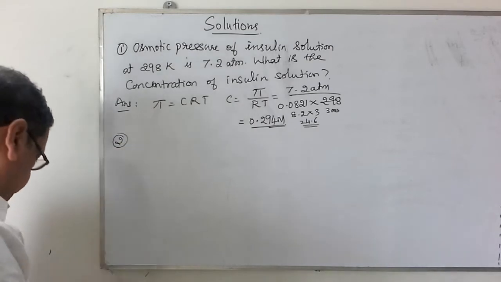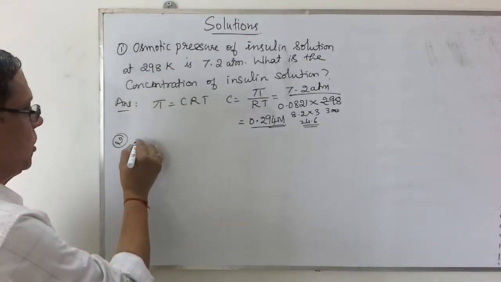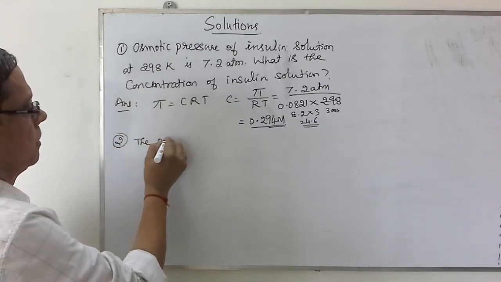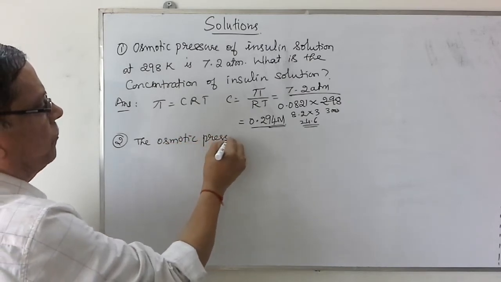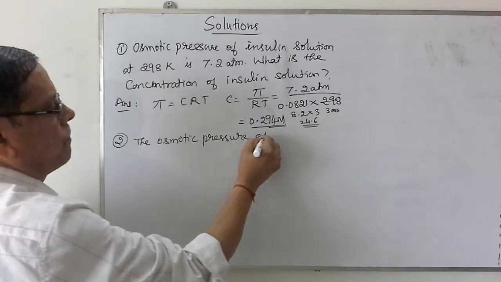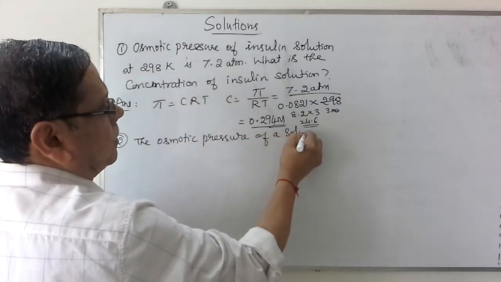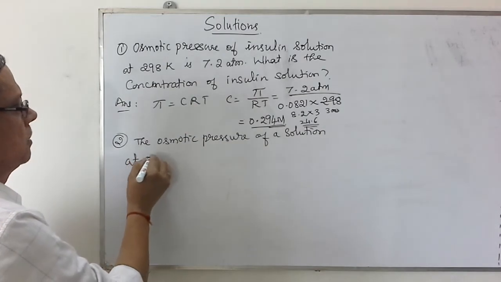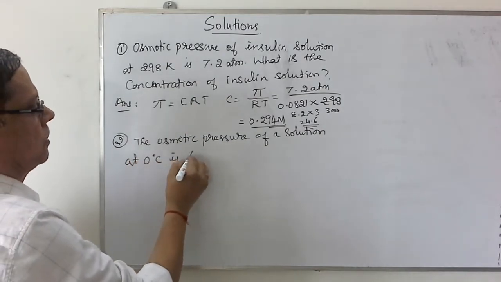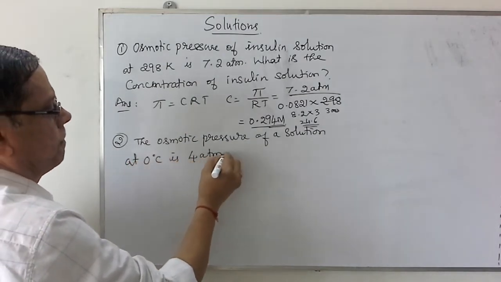The second one: the osmotic pressure of a solution at 0 degree Celsius is 4 atmosphere.